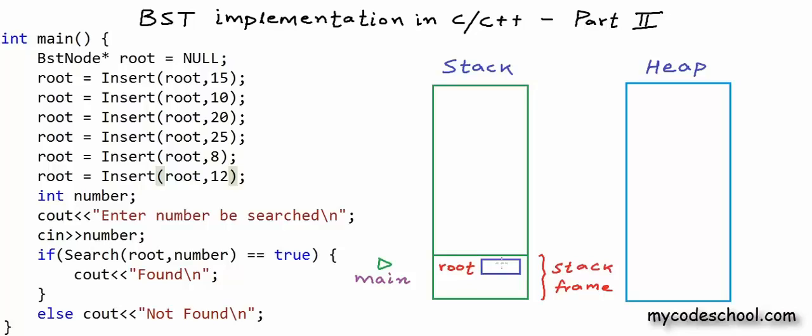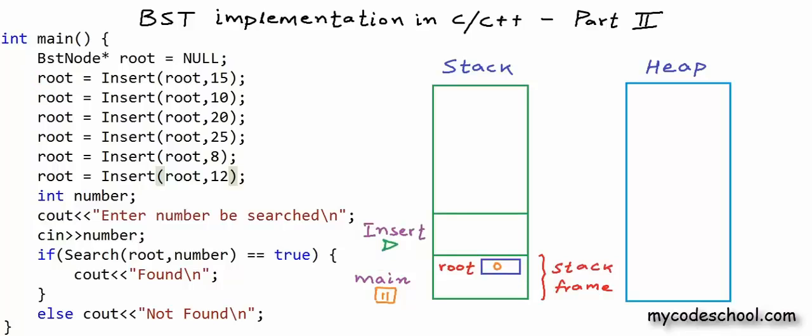Null is only a macro for address 0. So here in this figure I'm setting address in root as 0. Now in the next line we are making a call to insert function. So what will happen is execution of main will pause at this stage and a new stack frame will be allocated for execution of insert.